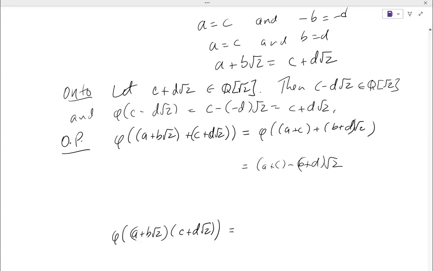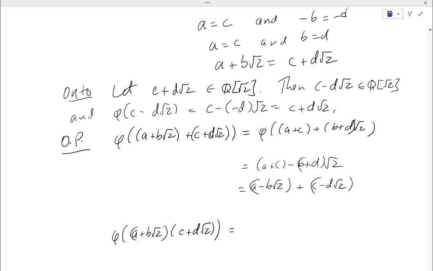Now what do you think we might want to do? We're trying to get to phi of a plus b root 2 plus phi of c plus d root 2. So what do you think we want to do now? Good. Yeah, rearrange it a little bit, right?